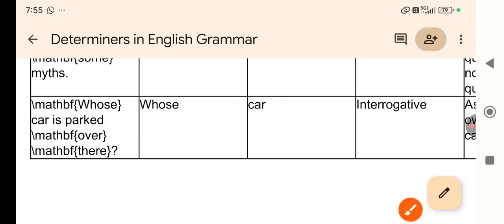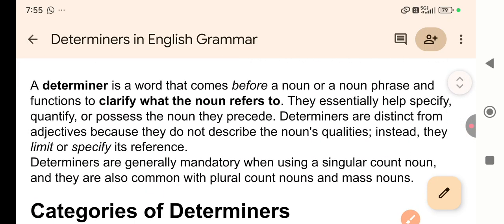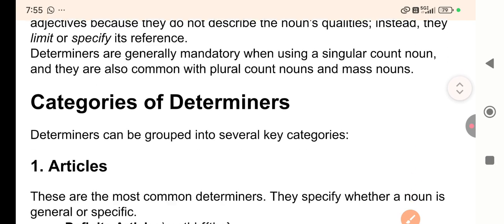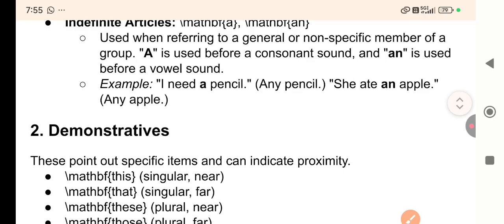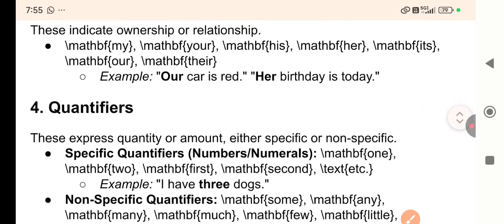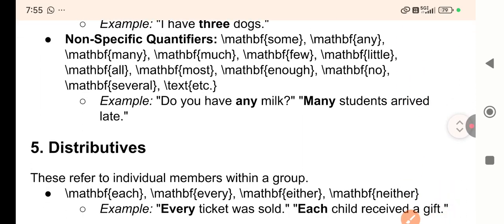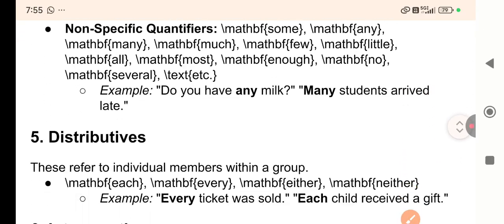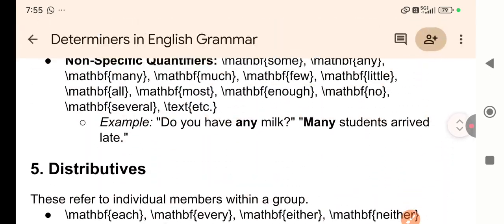So that is something about determiners. I think you must have got the idea. I'm repeating at last: a determiner is a word which is placed before a noun or noun phrase. There are mainly six types of determiners: articles, demonstratives, possessives, quantifiers, distributives, and interrogatives. Why?